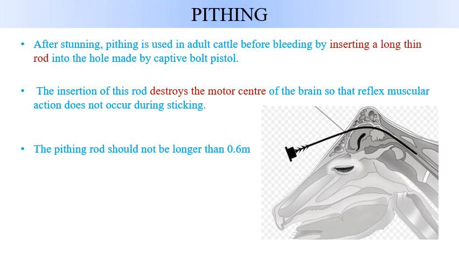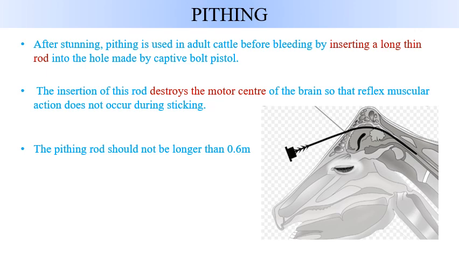Pithing. This is an additional practice sometimes adopted after the stunning to make the animal perfectly unconscious with no reflex muscular activity. After stunning, pithing is used in adult cattle before bleeding by inserting a long thin rod into the hole made by the captive bolt pistol. That is, the penetrative stunning creates a hole to the brain.